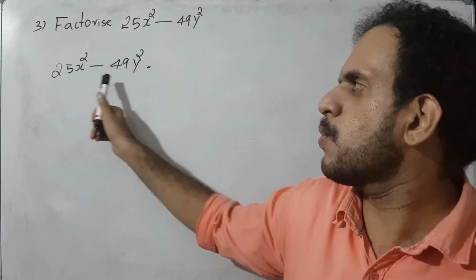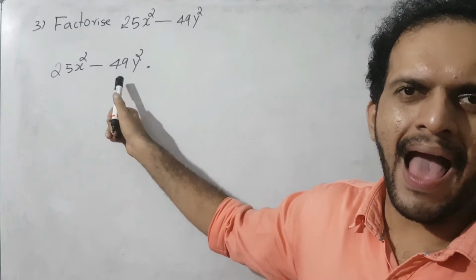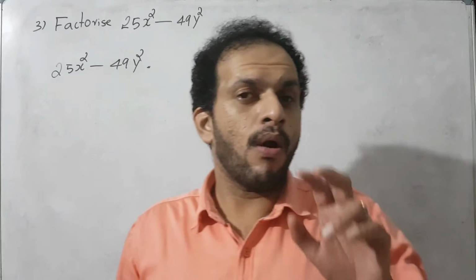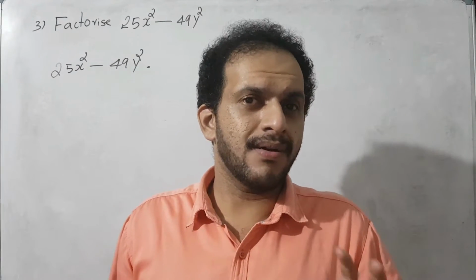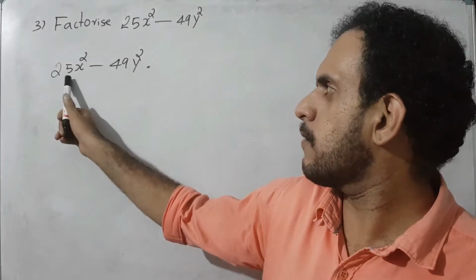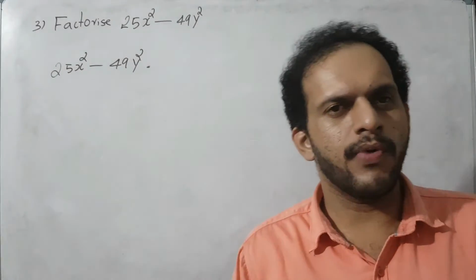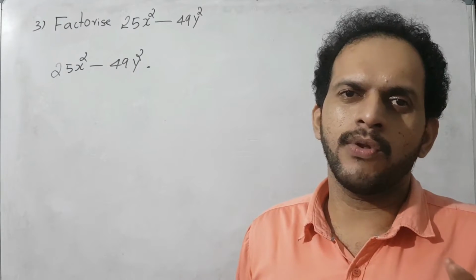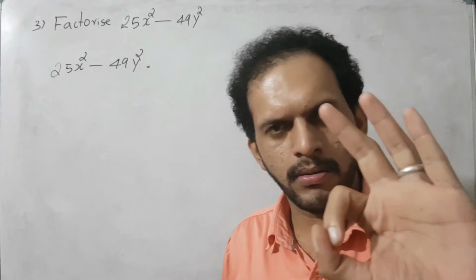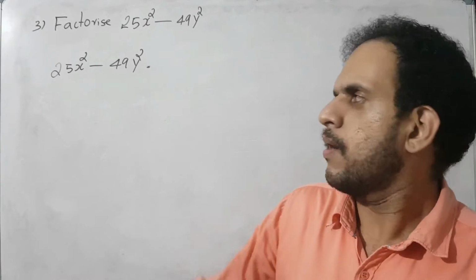We have only two terms, separated by the symbol minus, and the terms are in the form of square. Then it's very clear only one identity is possible to apply there. That one is the third. Okay?